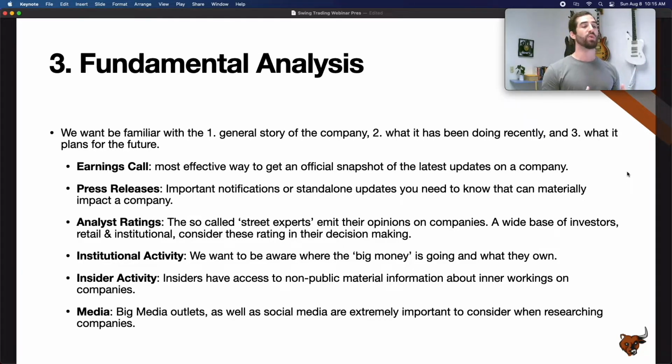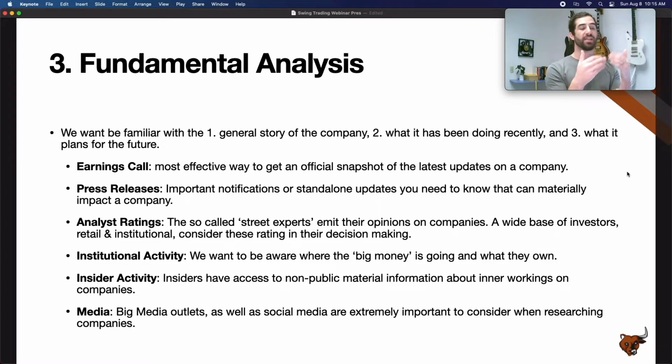Then we want to look at what the experts are doing. Okay, so we're going to look at analyst rating, institutional activity, and insider activity. So analyst rating, they are institutions, banks, funds that are the so-called experts that will go in, take a look at a company, perform their analysis, whatever it is at the moment, and they will sum it up in a report, and actually they will sum it up in a rating and a price target.